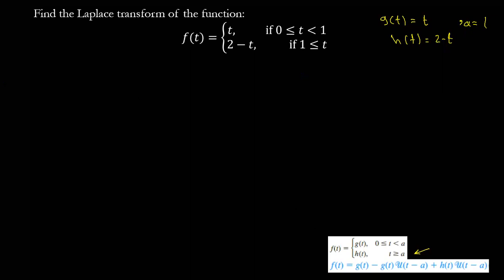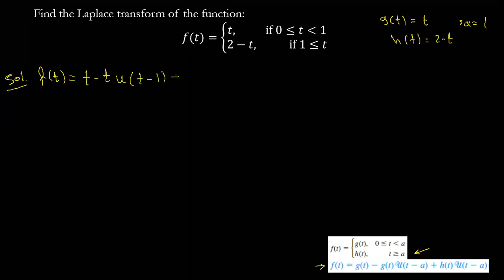The rule said f of t will be as the following. First of all, g of t. Please read here the formula. Yes, g of t, it is what? t, times u of t minus 1.